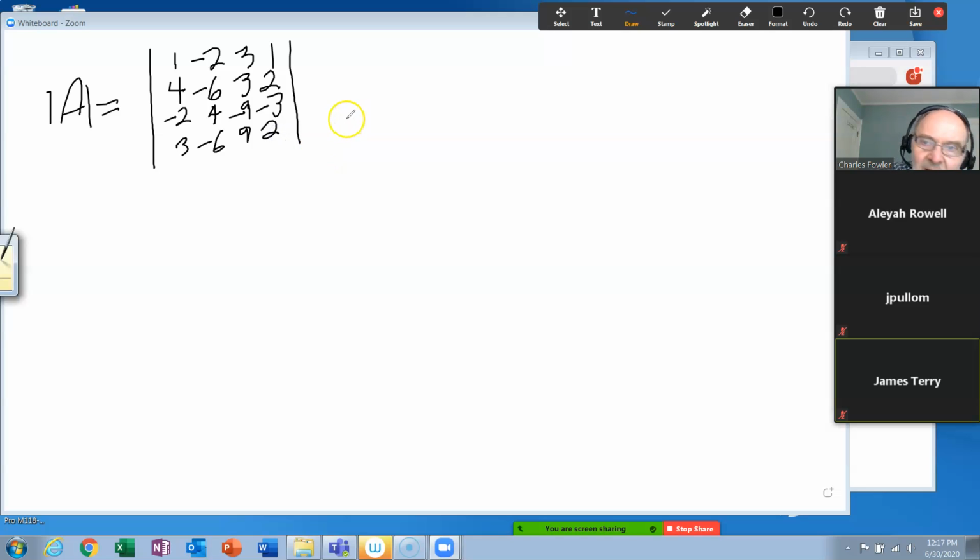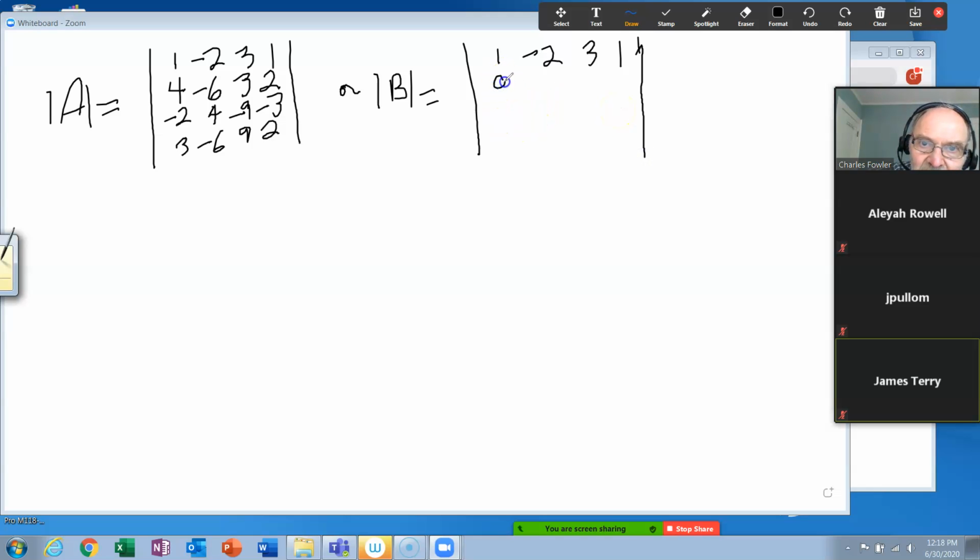Okay. So that or B, find the determinant of B. Just tell me which one of these you think would be easier to do. B is 1, -2, 3, 1. Same first row that we had before.